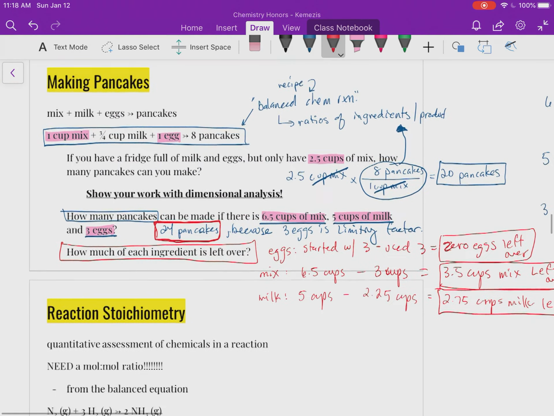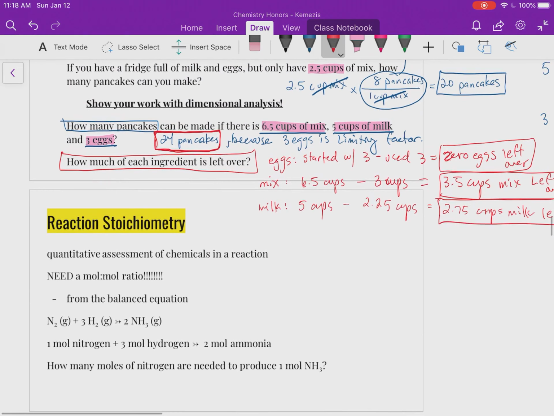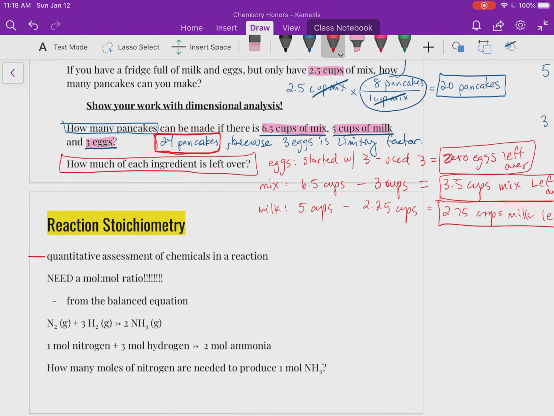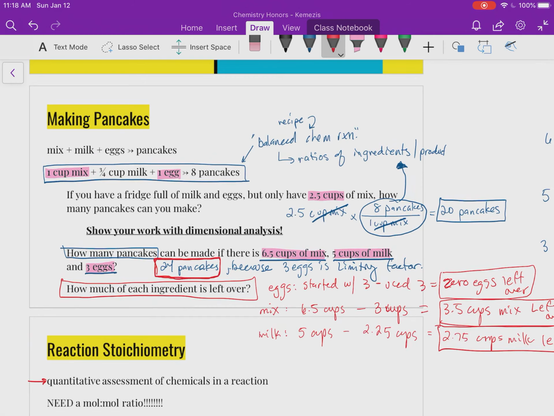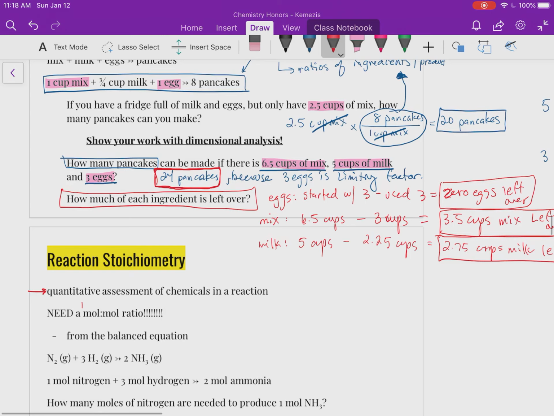So if we want to get some formal notes on reaction stoichiometry, here's the definition of it. It's the quantitative assessment of chemicals in a reaction, so that means we're using numbers.